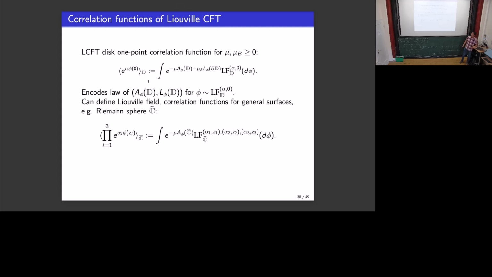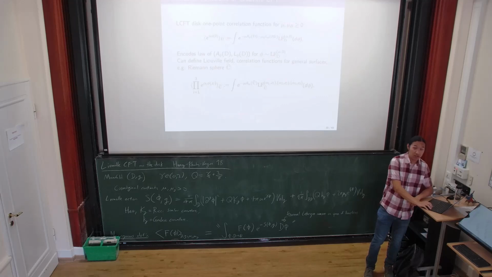Okay. We made a definition for the disk, but you can define it for other manifolds. So for the sphere, you can define a 3-point function. In the same way, you define the Liouville field with insertions on the sphere, and then you just weight by the exponential of the GMC, and that defines correlation functions on the sphere.